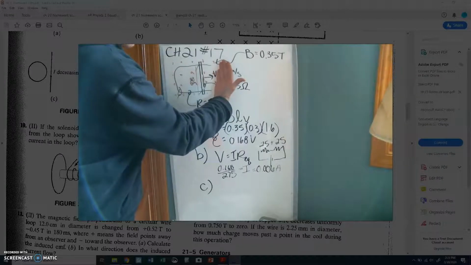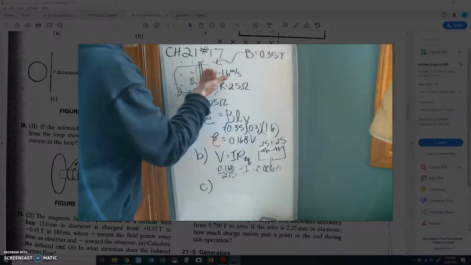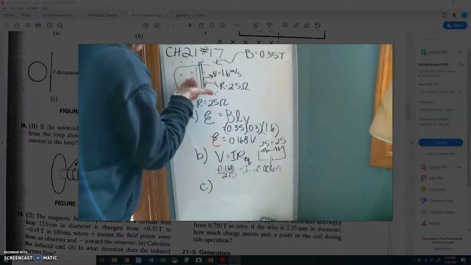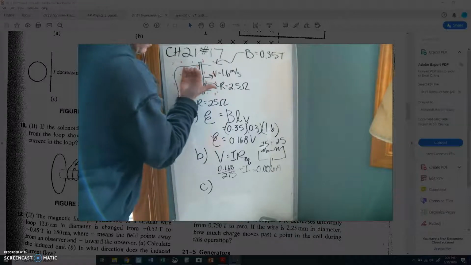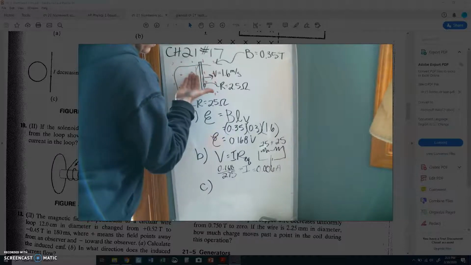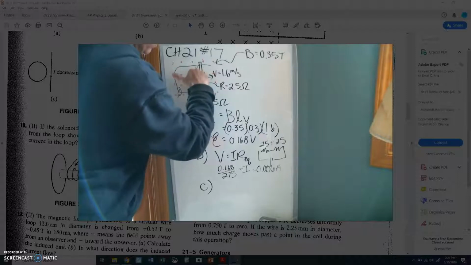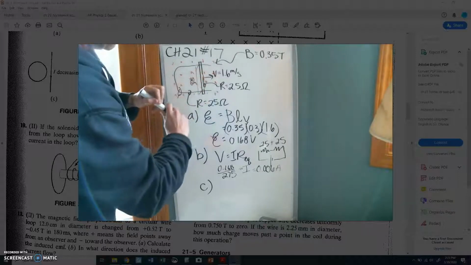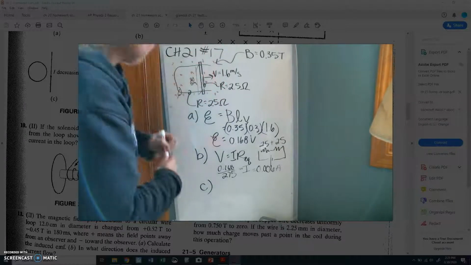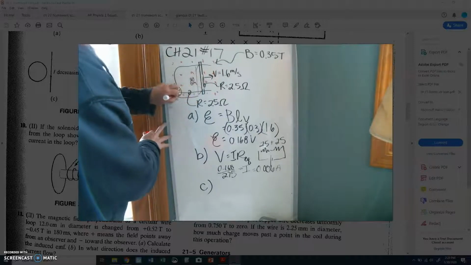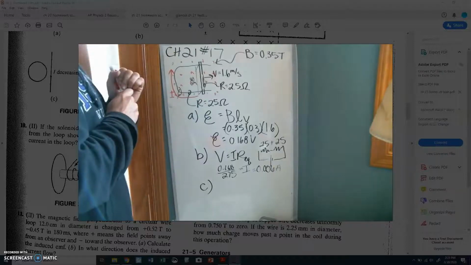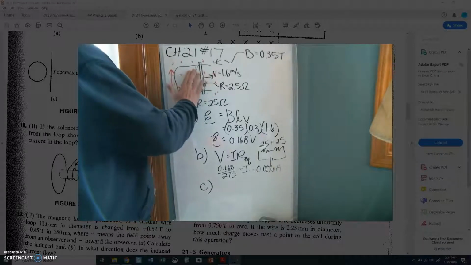That flux is getting larger because the area is getting larger. So if I do the right-hand rule, it's increasing, so what I want to do is oppose that change, from forward to back. My current is going that way.